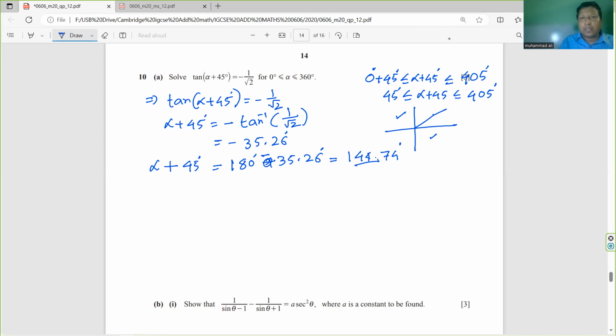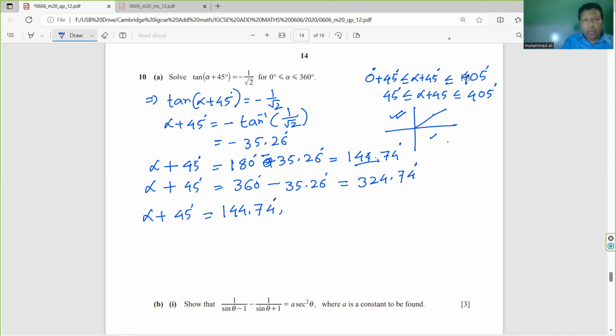This value comes in the second quadrant. The other value is in the fourth quadrant, because tan is negative there. So alpha plus 45 degrees equals 360 degrees minus 35.26 degrees, so it will be 324.74 degrees.